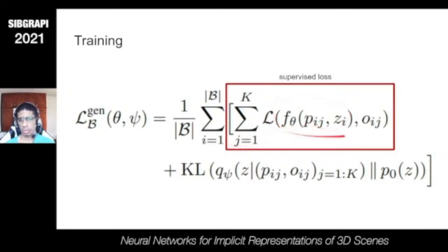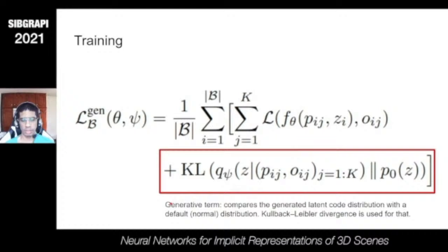Then this is the most important term, the supervised loss. We actually have the function f with the learnable parameters, and this function receives the points and the conditioning codes, and then we have ground truth occupancy that is used for the training.